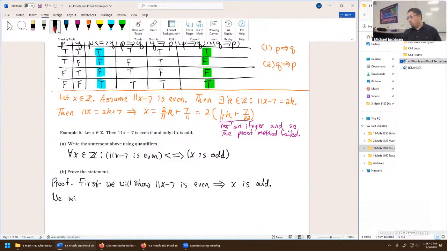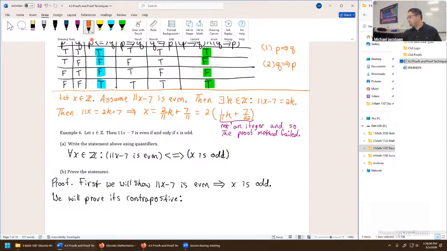We will prove its contrapositive, which means we should write that down immediately because that's what we're going to prove. Recall how the contrapositive goes. Let's put that on paper as well.